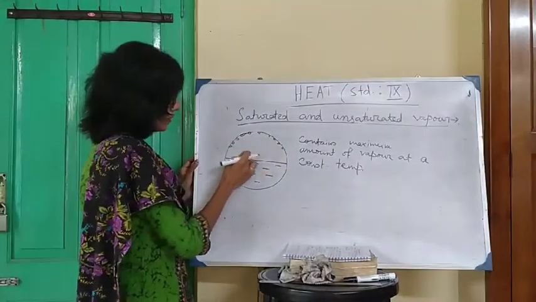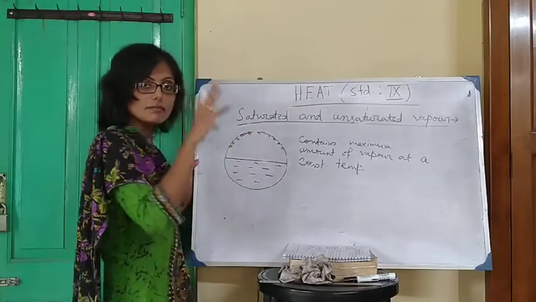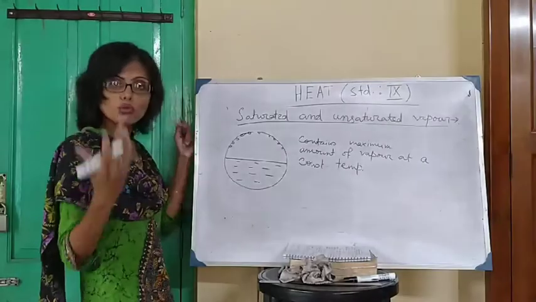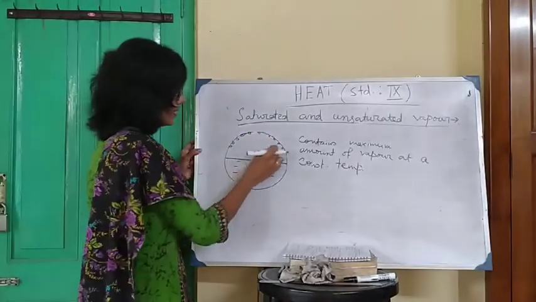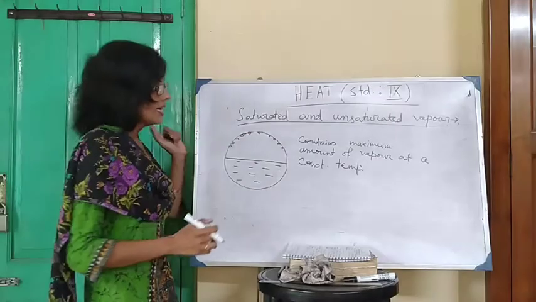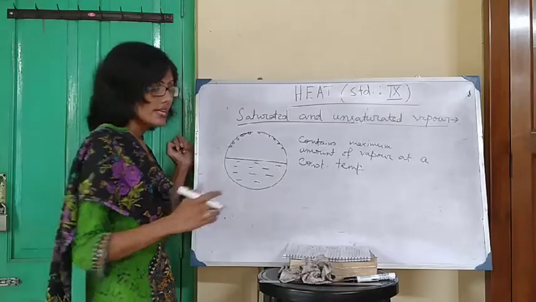That means if we consider this volume as air and it contains the maximum amount of vapor and cannot absorb more vapor, then this amount of air is saturated, and the corresponding vapor is called saturated vapor.